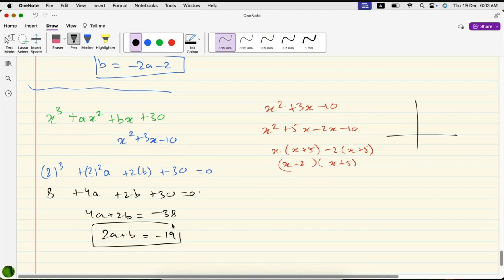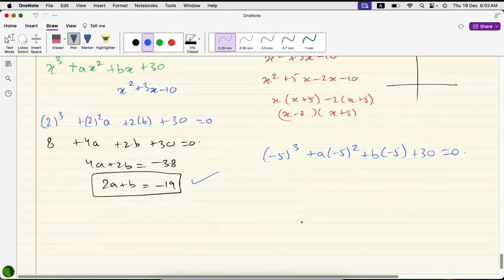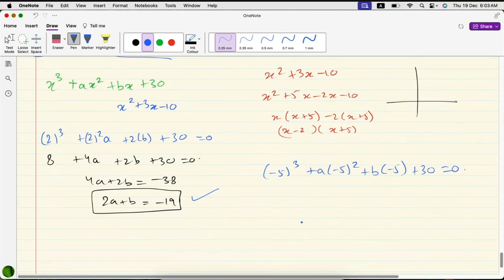Are you getting this as the first equation? 2a plus b. Oh, I was getting 2a minus b.